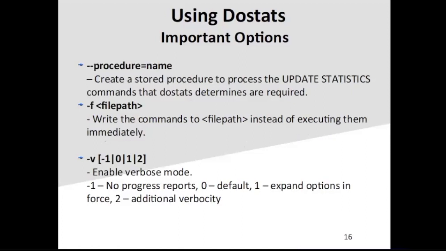If you pass dash F file path, it will put the commands into a file so that you can execute them later, at a later time, kind of using Dostats as an evaluator, like the AUS evaluator.